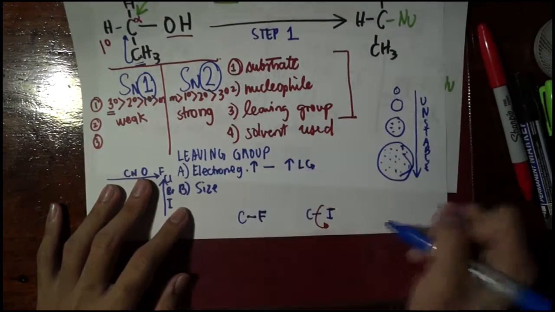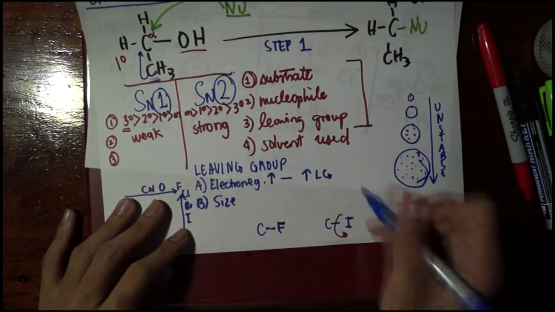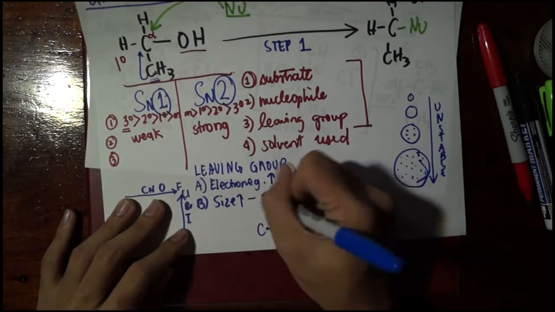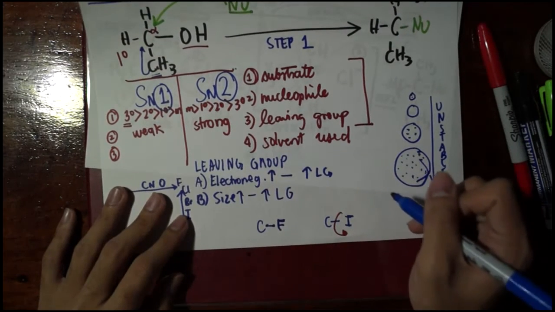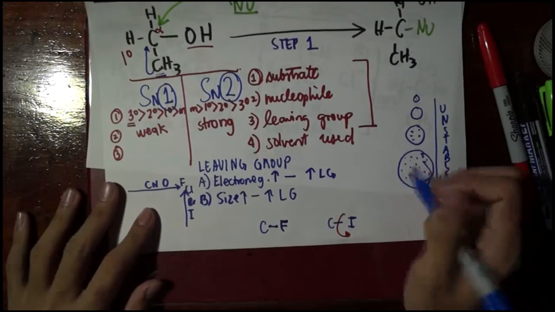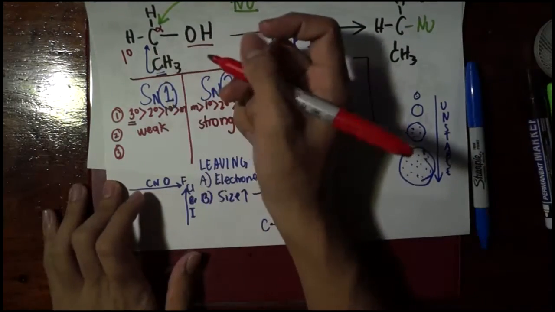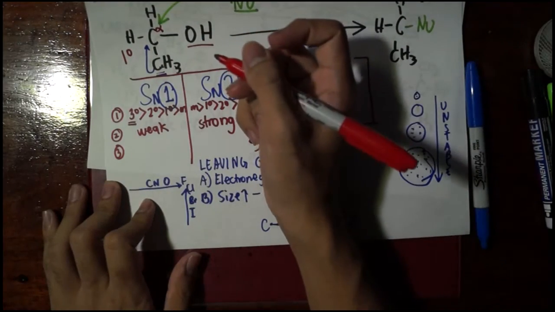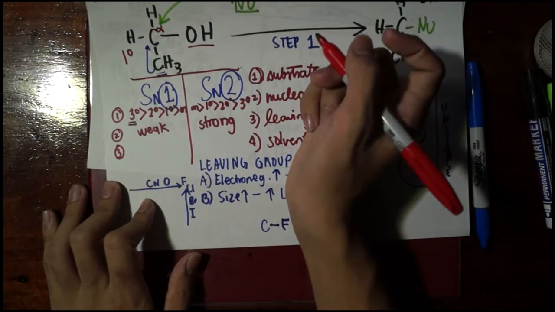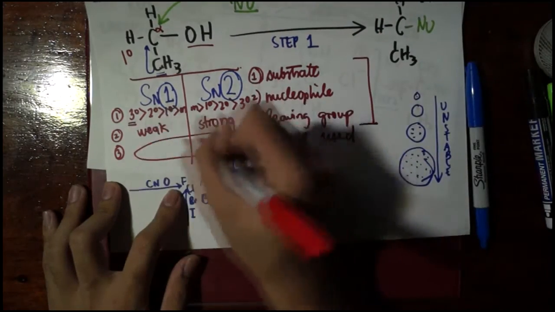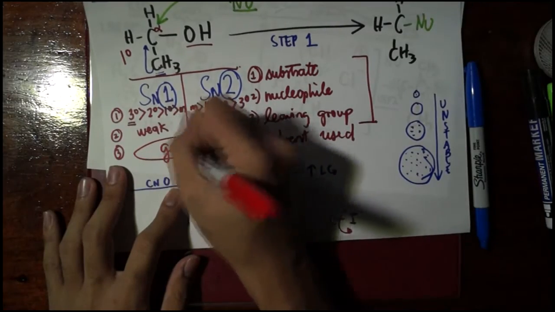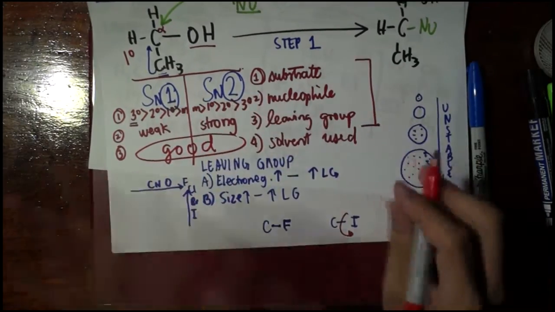I'm demanding your electrons because I only have a few left. So as size goes up, the possibility of it being a good leaving group becomes even better. The generality is that the leaving group should be a good leaving group. If it's not a good leaving group, then substitution would not happen.